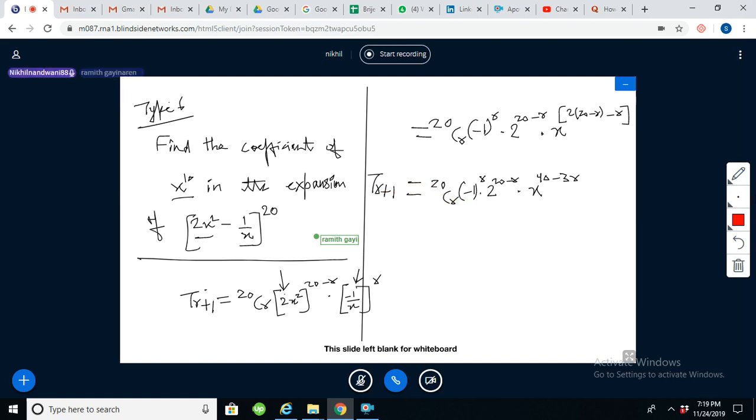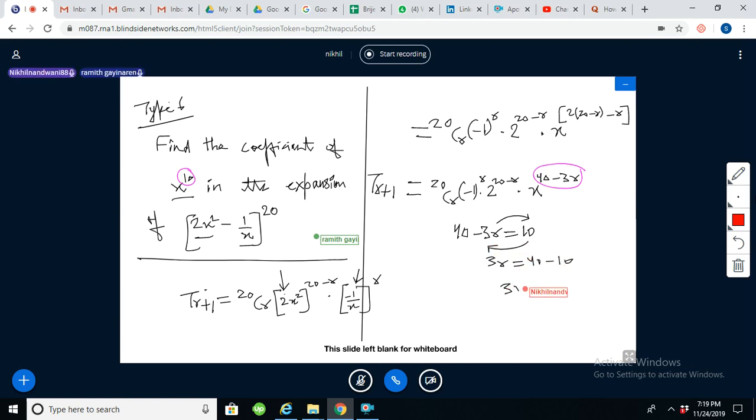Now the question says he wants x to the power 10. He wants 10 in the power of x. So I will equate this to 10. Understanding? So 40 minus 3r equals 10. If I want this 10, what should be the value of r? Let me calculate. I will take 3r that side and I will take 10 this side.